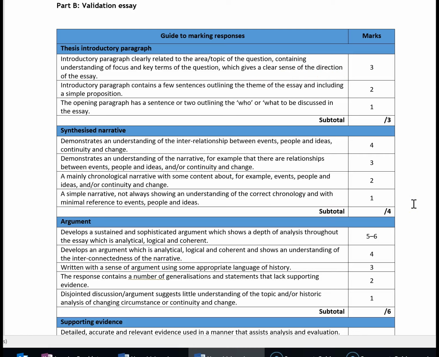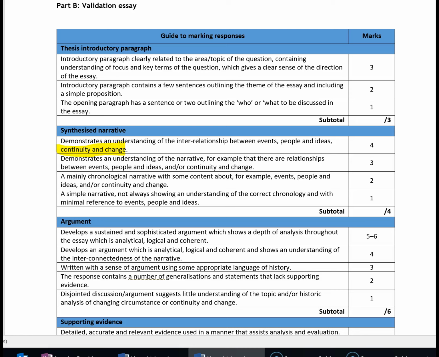It does include defining any key terms that you're arguing for. So what you see here is what's called a synthesized narrative. That is the story that runs underneath. It's like understanding that events, people and ideas are linked to those short-term and long-term changes, continuity and change. Okay, I'll just underline that one there.